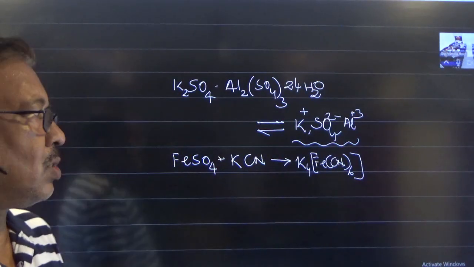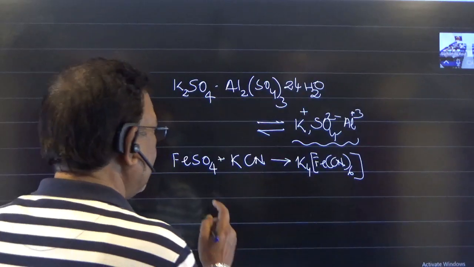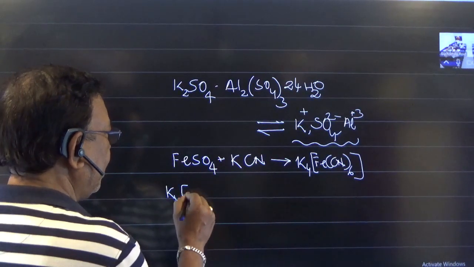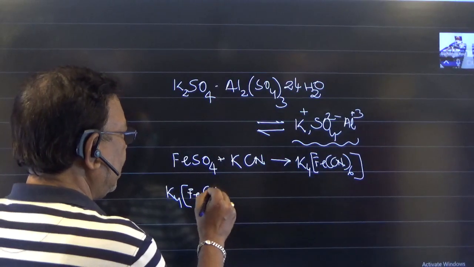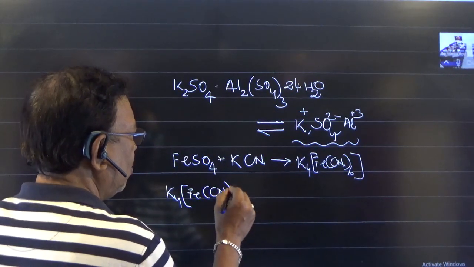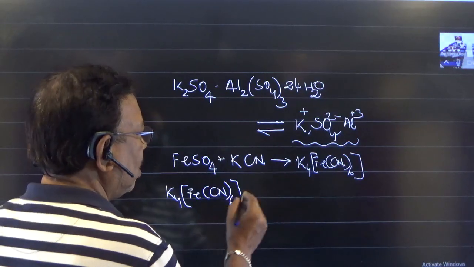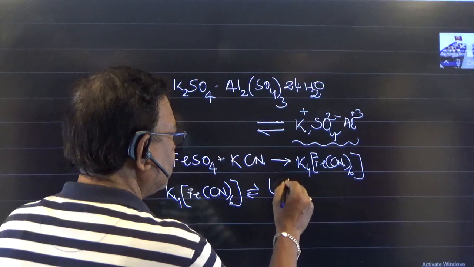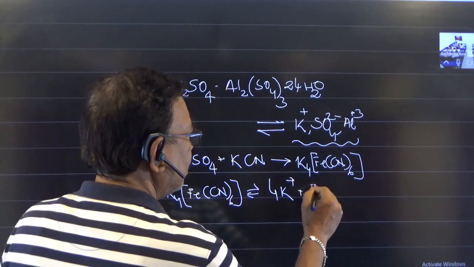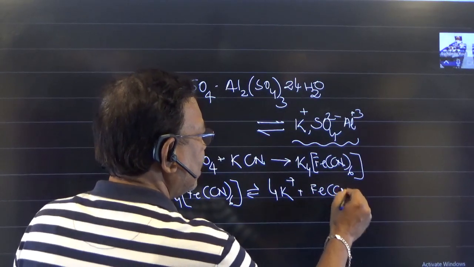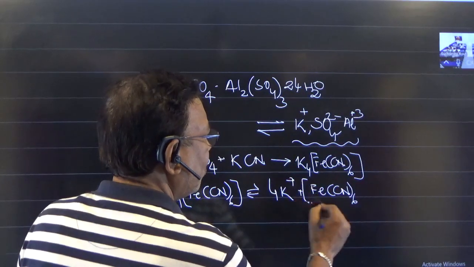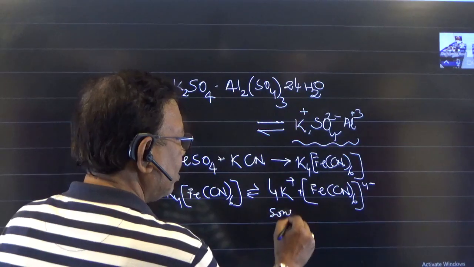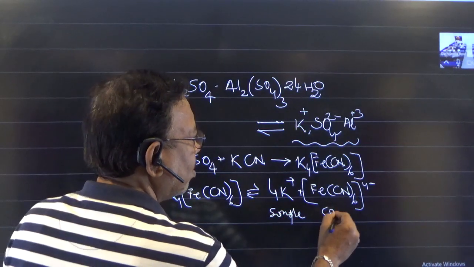When it is dissolved in water, K4[Fe(CN)6], whenever it is dissolved in water, it forms 4K plus, a simple ion, and [Fe(CN)6] 4 minus, a complex ion.